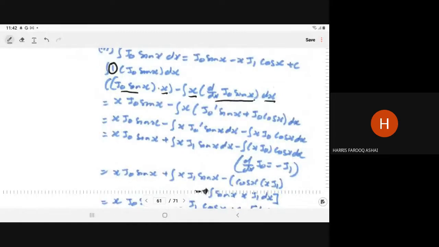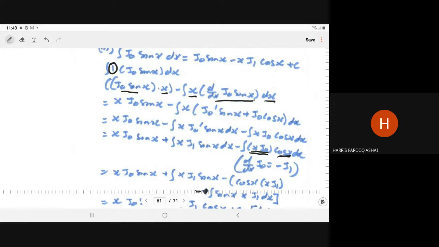Clear? Now assume cos x as the first function and x J0 as the second function.